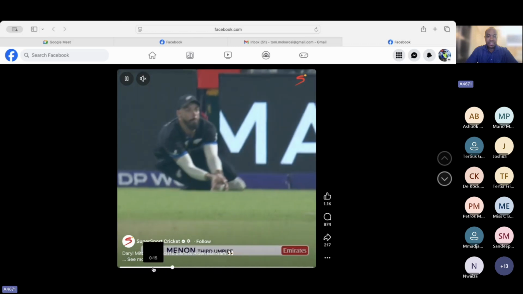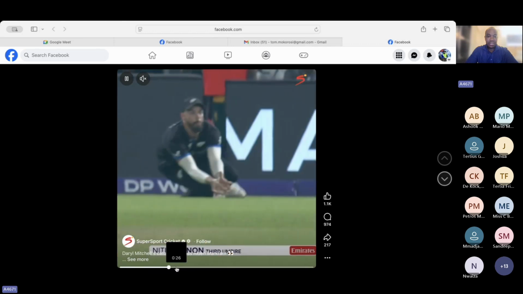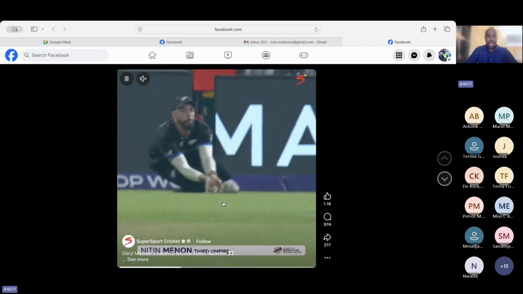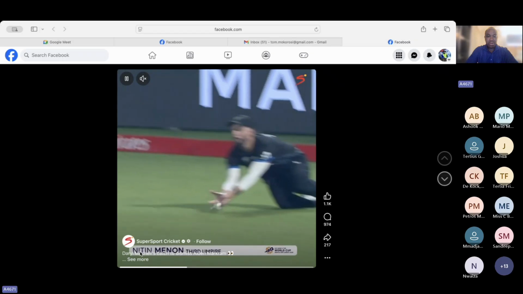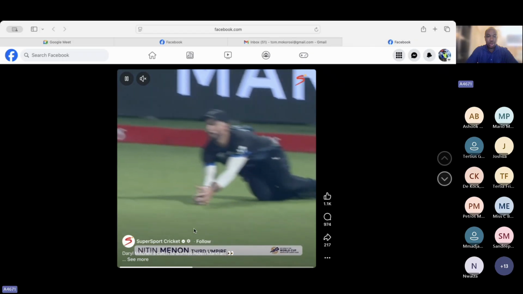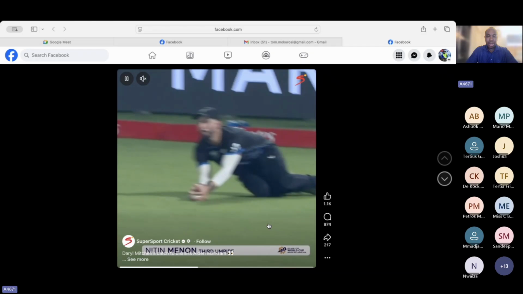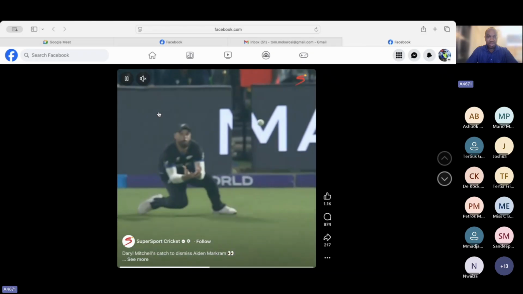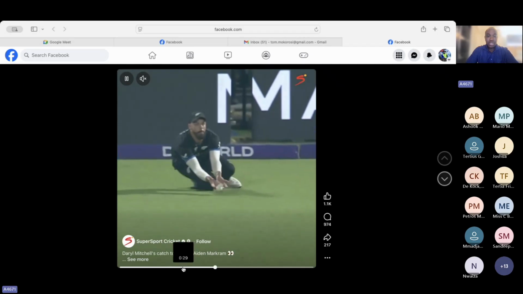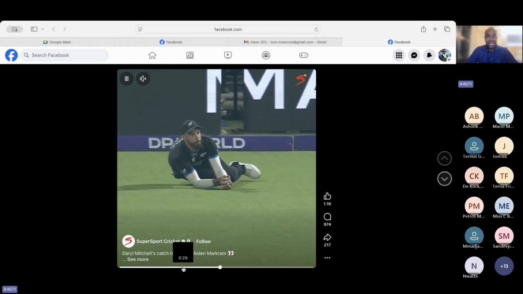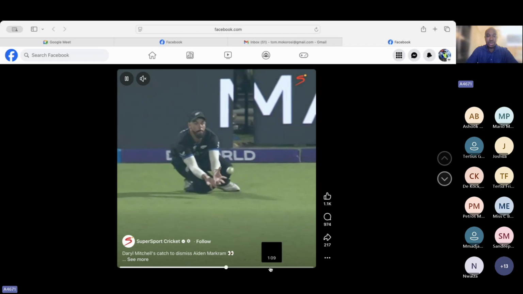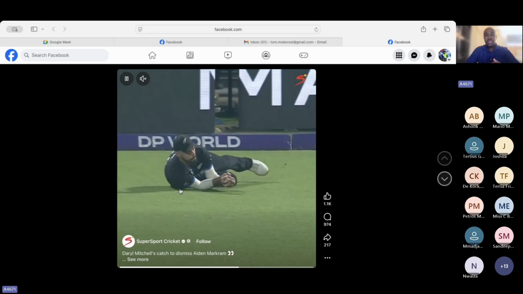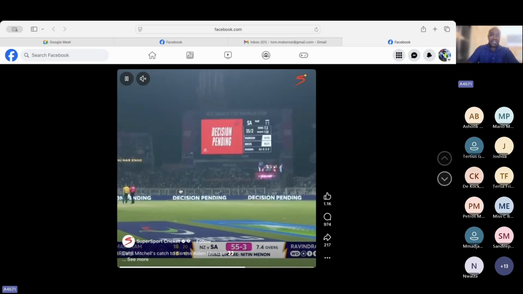If you look at it from the side angle, it doesn't look as good, does it? This angle, the ball appears to go through his fingers onto the ground and then into his fingers, if you understand what I'm trying to say. So not an easy decision, but I believe the TV umpire used this angle as his final definitive angle to judge it as a fair catch.